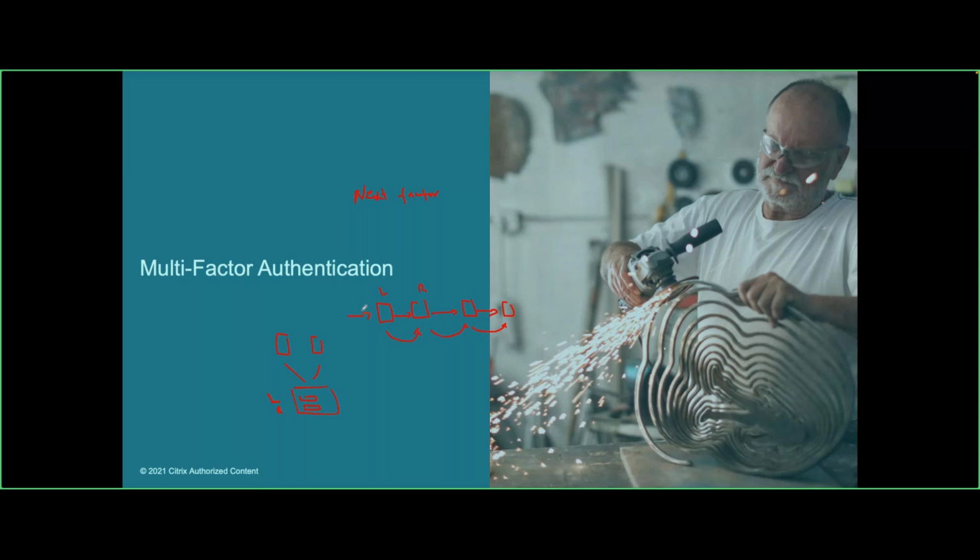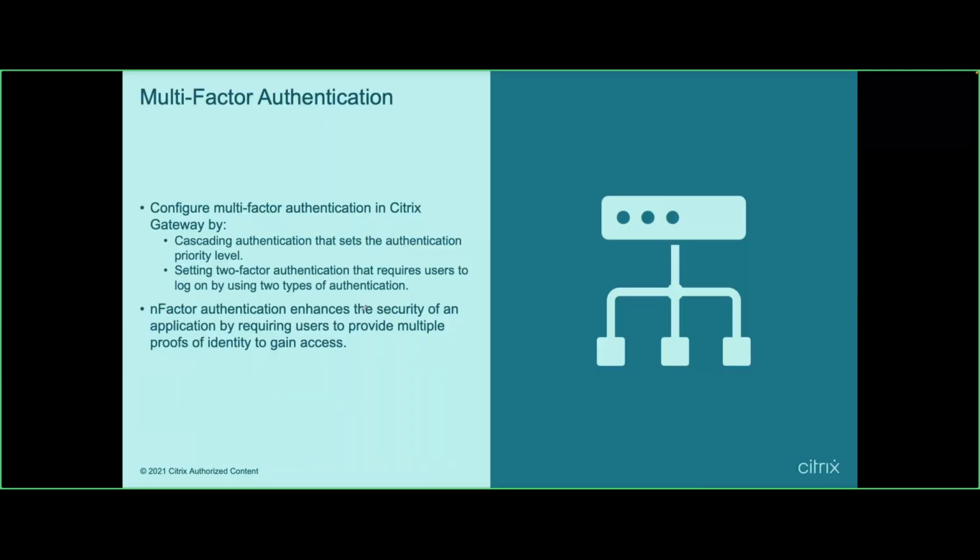So you can configure that n-factor. You can have several authentication servers, and you can set the priority of your authentication policies. The priority levels you set will determine the order in which the authentication servers validate the user's credentials, right? You can also set up user authentication against two different authentication servers.